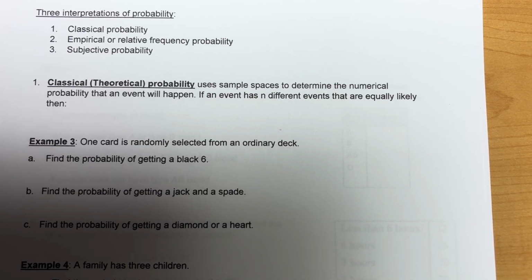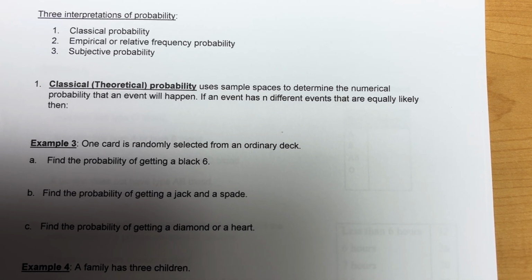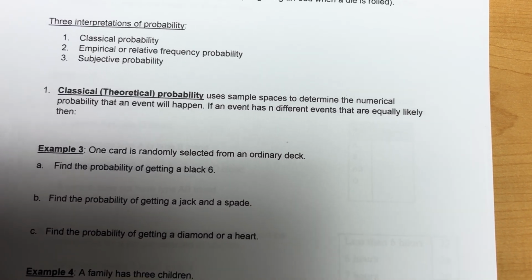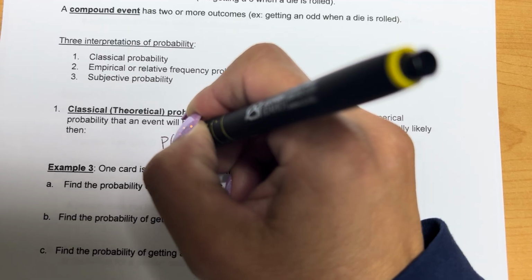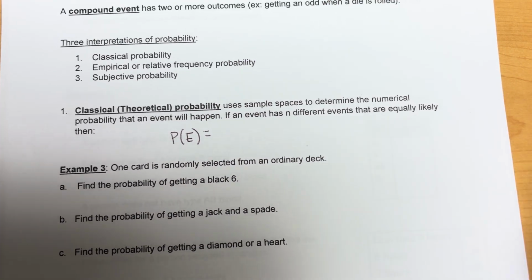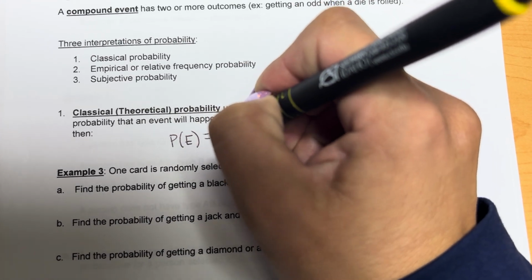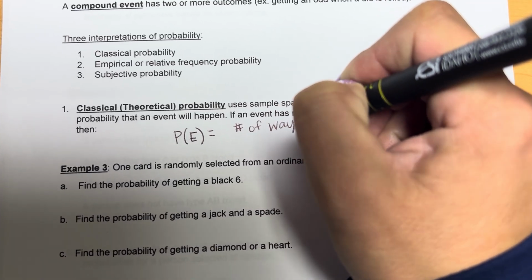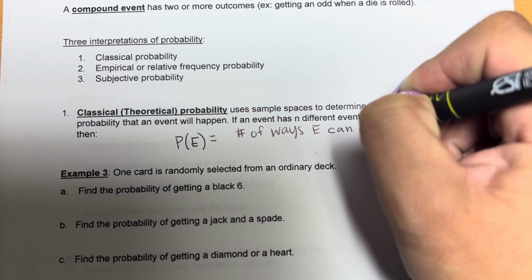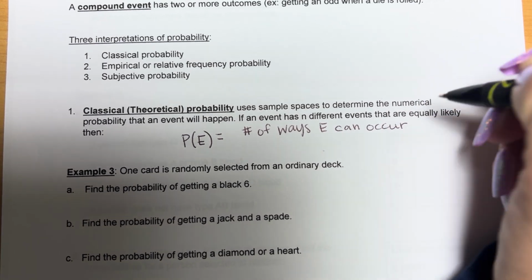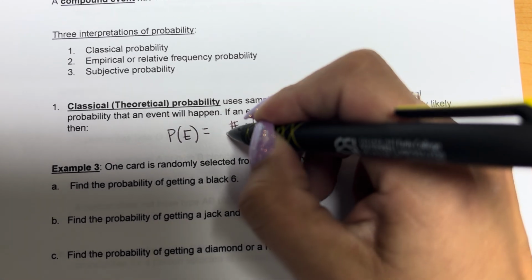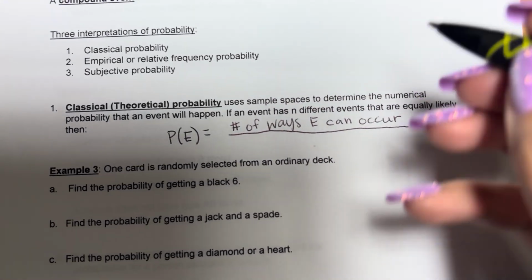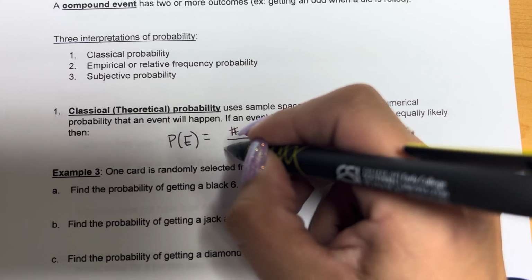Okay, if an event has n different events that are equally likely, then the probability of the event equals the number of ways E can occur over the number of different simple events.